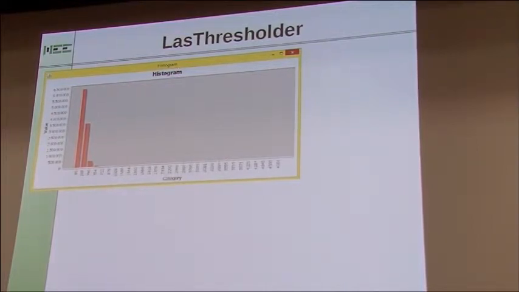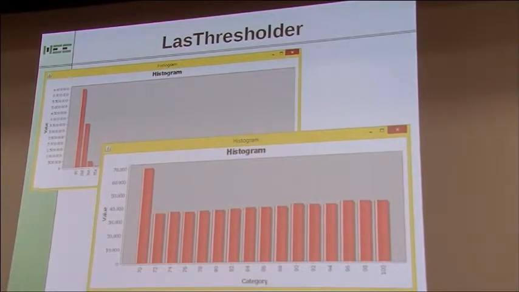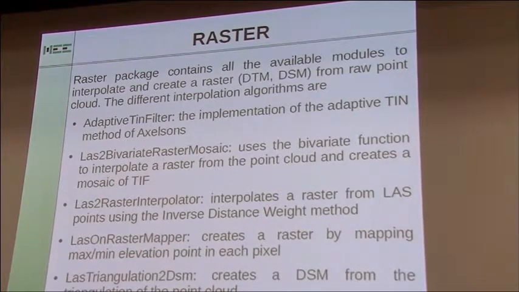It has 4 bins full. And the histogram of the thresholded LAS is much more thin, because we extracted only the values in this interval. This is all about the preprocessing.